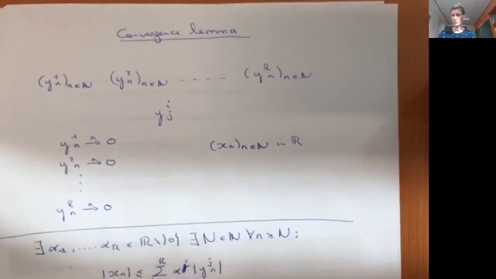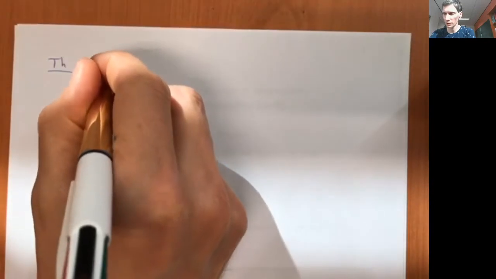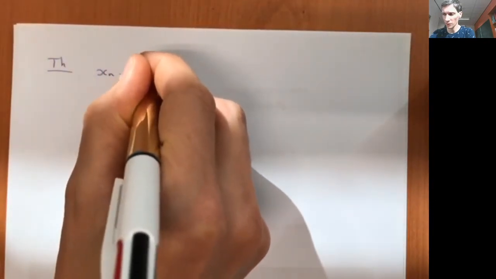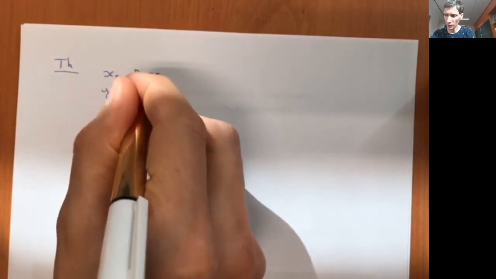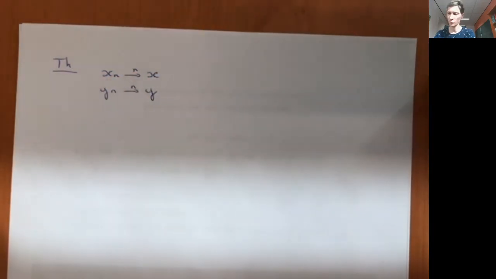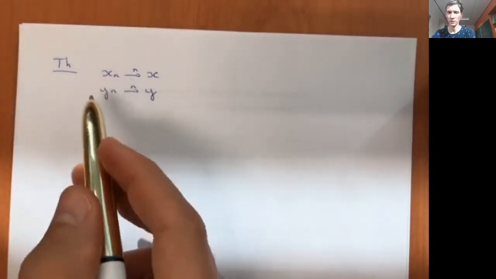Okay, so let's see how we can use this convergence lemma to show some useful properties of convergent sequences. So let's have a sequence xn and assume that it converges to x. Let's have a sequence yn and assume that it converges to y. So what we can do is make a new sequence out of xn and yn.